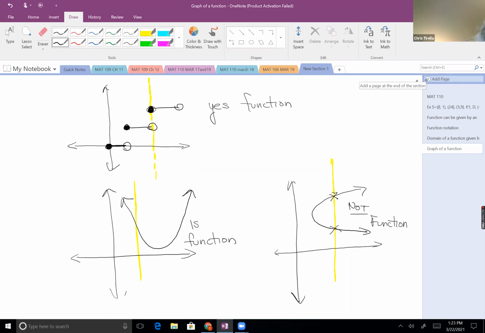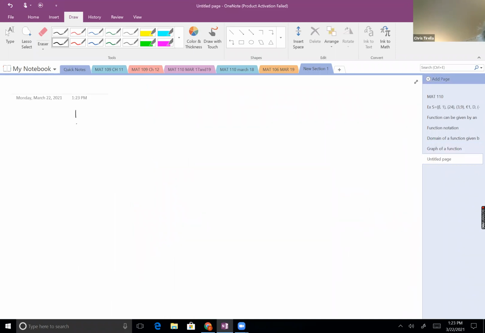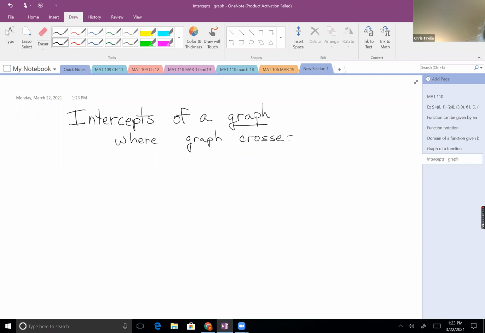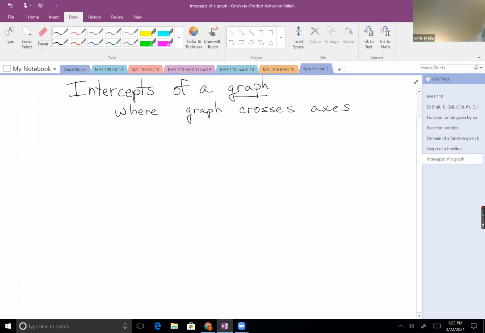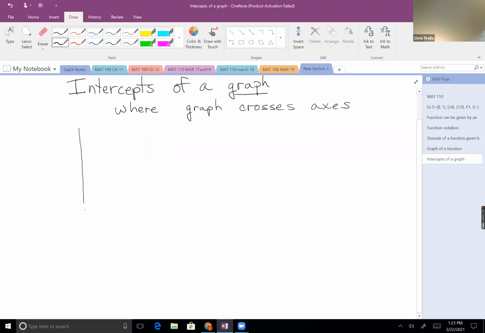Hearing no questions, the next thing that we're going to look at then are the intercepts of a graph. And the intercepts are where the graph crosses the axes. So I'm going to draw a set of axes.